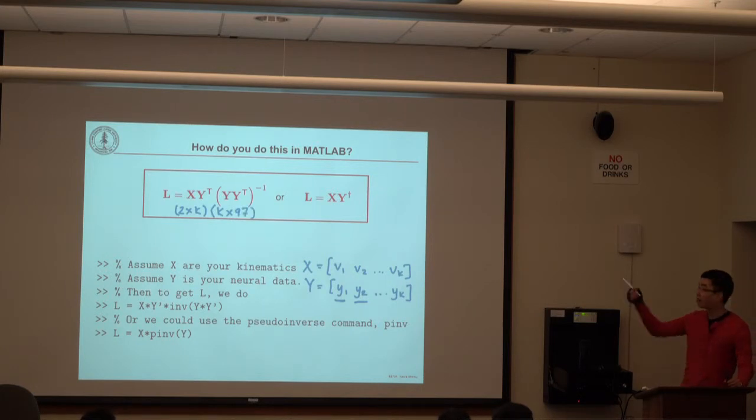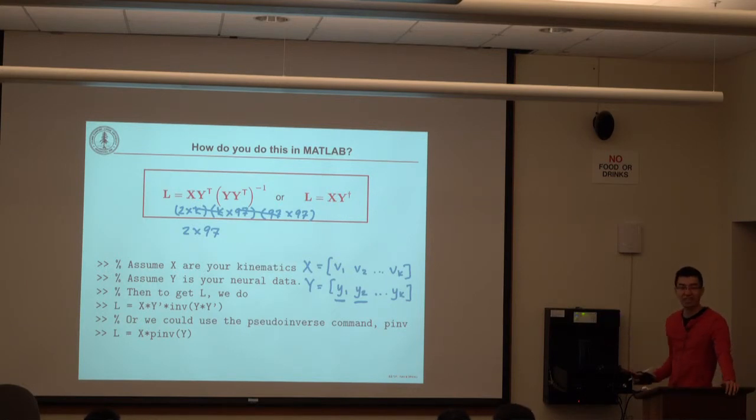And then this y y transpose inverse is 97 by 97. If we were to perform this matrix multiply, we can see that on the inside, all these terms are the same, and we would get out a 2 by 97 L, which is exactly what we said the dimensionality should be.